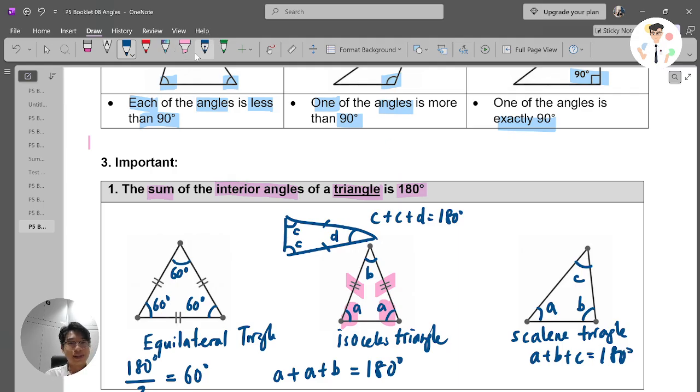Now, some of the terms that you're 100% sure you must know are equilateral triangle, isosceles triangle, okay? Scalene triangle, so far so good. We don't really see this term out, but you kind of know when you see a triangle like this. So for example, some of the questions might mention the words equilateral triangle or isosceles triangle.